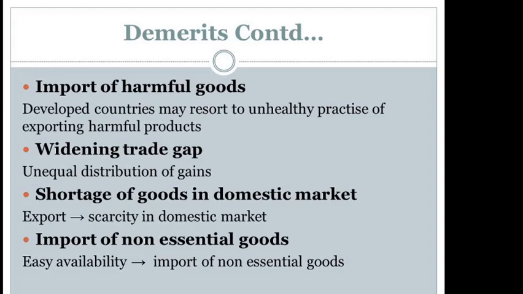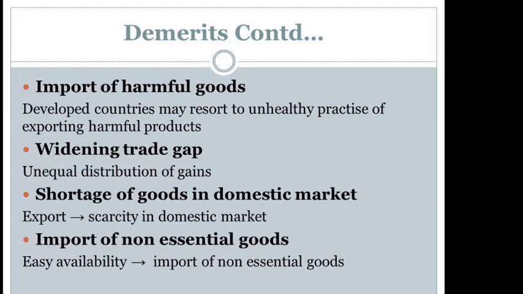But international trade will bring about an unequal distribution of gains. Developed countries may get the whole advantage of international trade as they are the exporters. They are exporting bulk of commodities and their import is less.